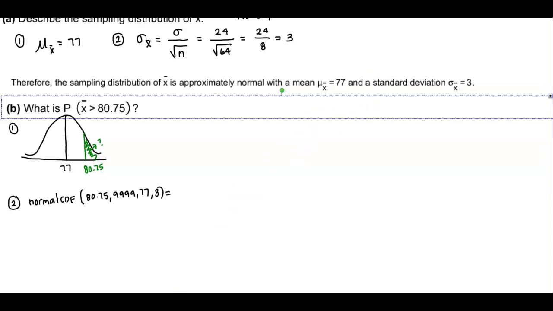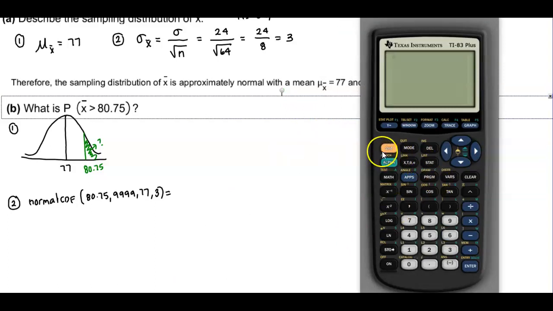Let's plug that into our calculator. We have second distribution, then normal CDF. We put the lower bound as 80.75, the upper bound as 9999, the mean as 77, and the standard deviation of the sample means as 3.